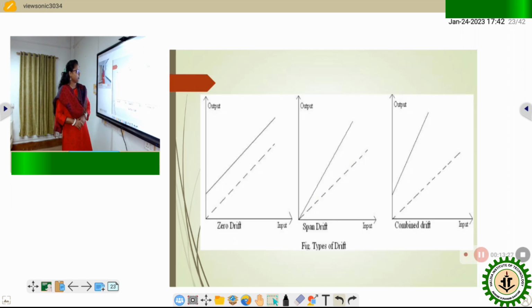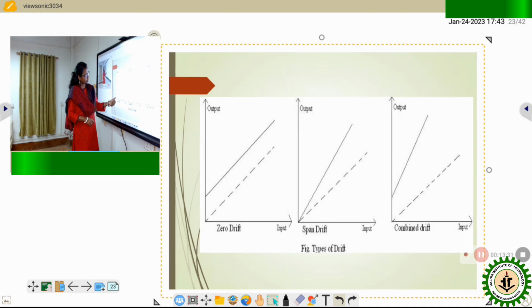Here we have a picture which shows the zero drift. This is the actual value, and this is the zero drift. This is the span drift, and this is a combined effect of the zero drift and the span drift. So these are the different types of drift.